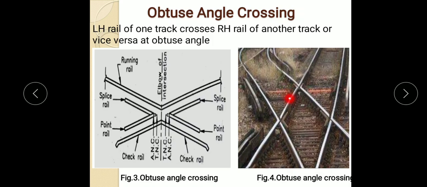Here the left hand rail of one track crosses the right hand rail of another track, and it makes an angle which is called the obtuse angle. Here we can see this is the angle made by two rails with each other, and therefore it is called an obtuse angle crossing.